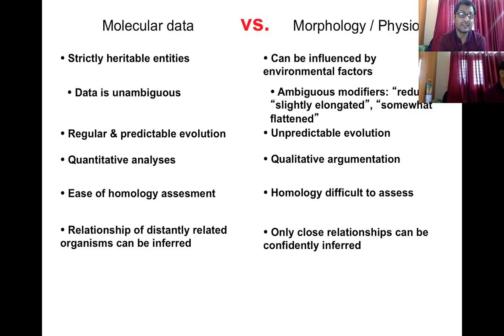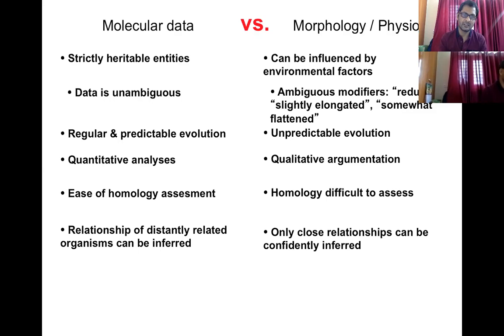Relationship of distantly related organisms can be inferred by molecular data. Yes, because even though two species may look very different from each other or could be distantly related, they could be related to each other, maybe because there are a number of different species in between.